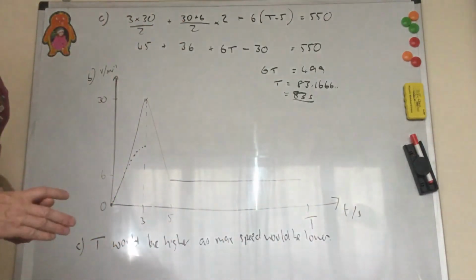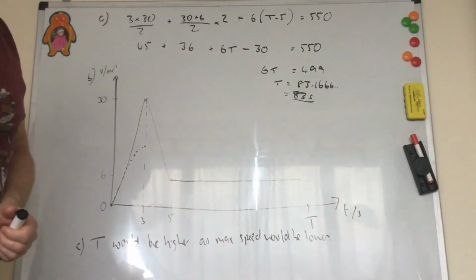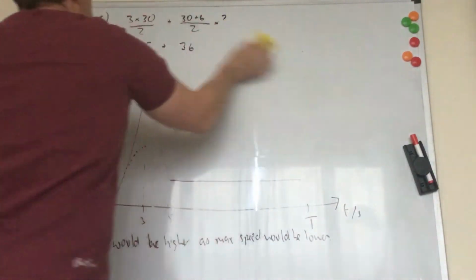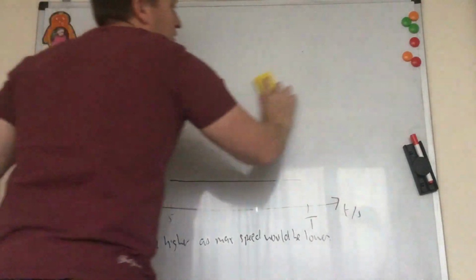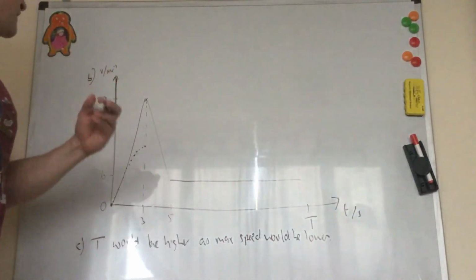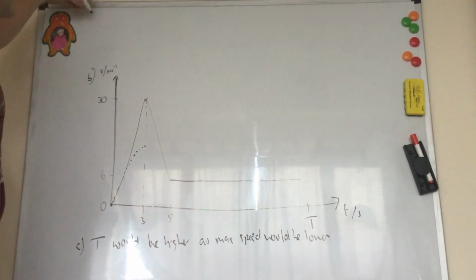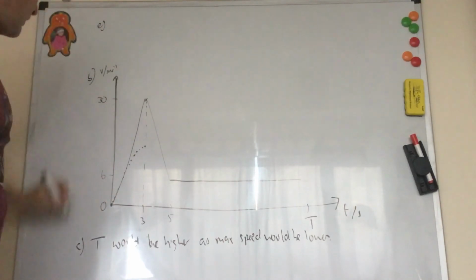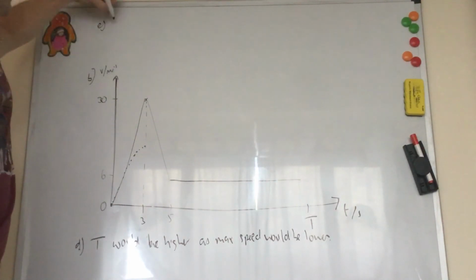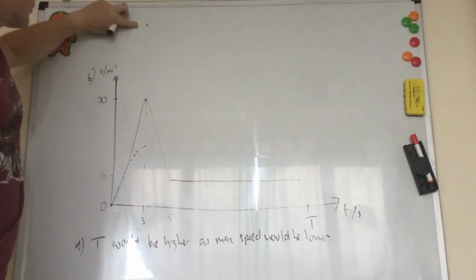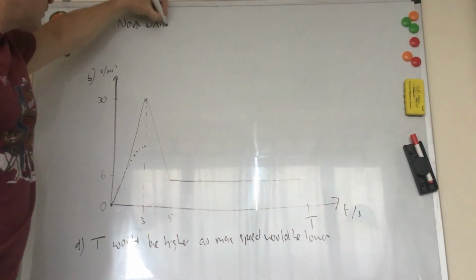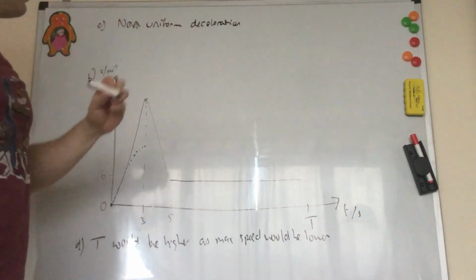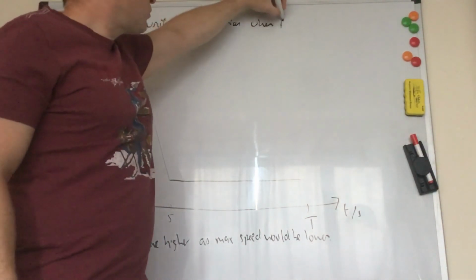Part E says, what else could we take into account as well as air resistance? You can't refer to anything that would refer to the air resistance. I went with non-uniform deceleration when the parachute opens.